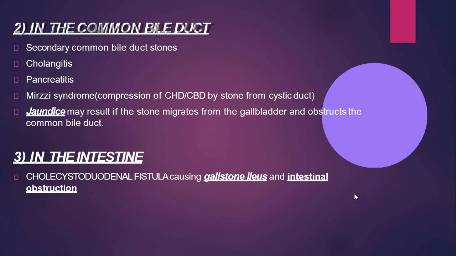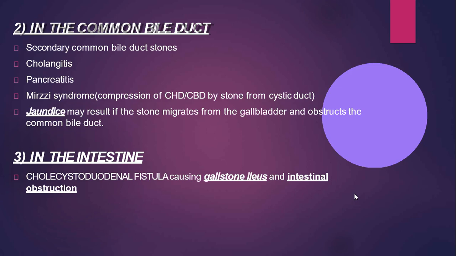And when that stone comes into the intestine, it comes by Mirizzi's syndrome, there is a formation of a cholecystoduodenal fistula, and that stone comes into the intestine and causes obstruction, and that intestinal obstruction is known as gallstone ileus. So when you discuss intestinal obstruction and its causes, one of the causes is gallstone ileus, and everybody is astonished how a gallstone from the gallbladder comes to the intestine.